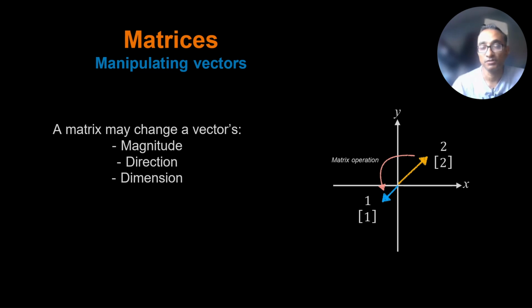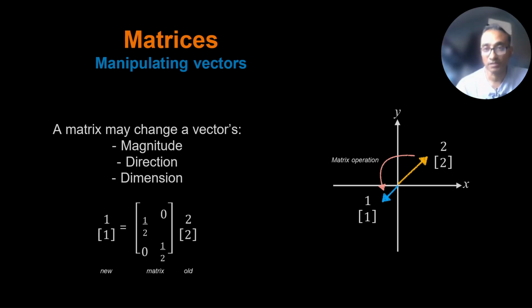Matrices are used to manipulate vectors, and what you can manipulate in the vector: the magnitude, the direction, the dimension, which is also represented by the number of elements. For example, in this case, we have an old vector of dimension 2, with number of rows as 2 and columns as 1, having elements 2, 2.